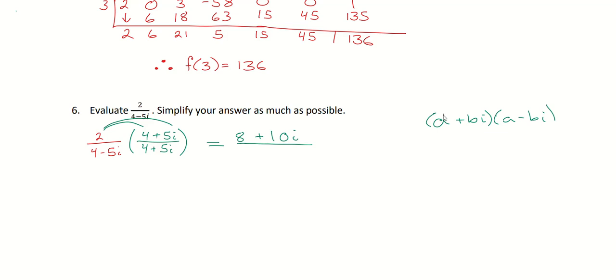Which means you wind up getting just this, a squared minus b squared i squared, which is just plus b squared. What's a in this case? 4, so 4 squared is 16. What's b? 5 squared is? So take 25, let's add 16, but in my head I go 25 plus 10 is 35.